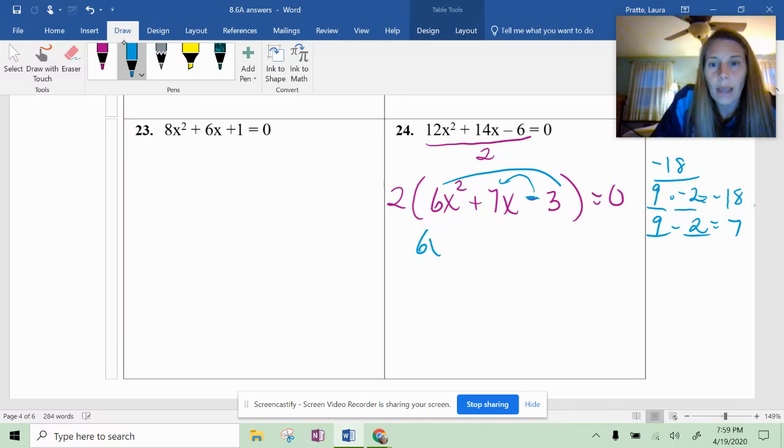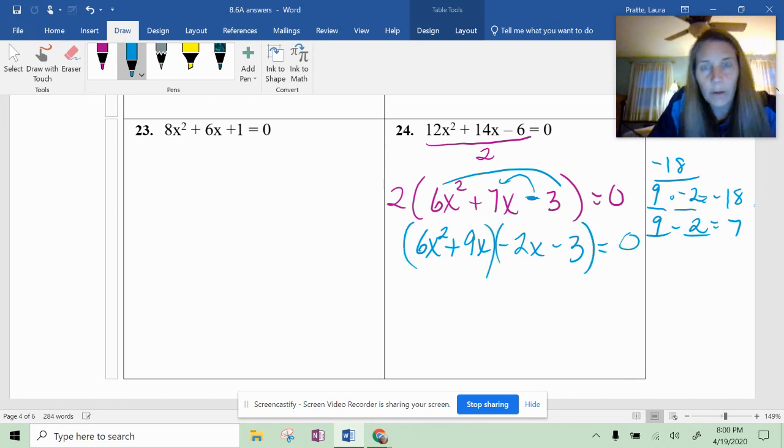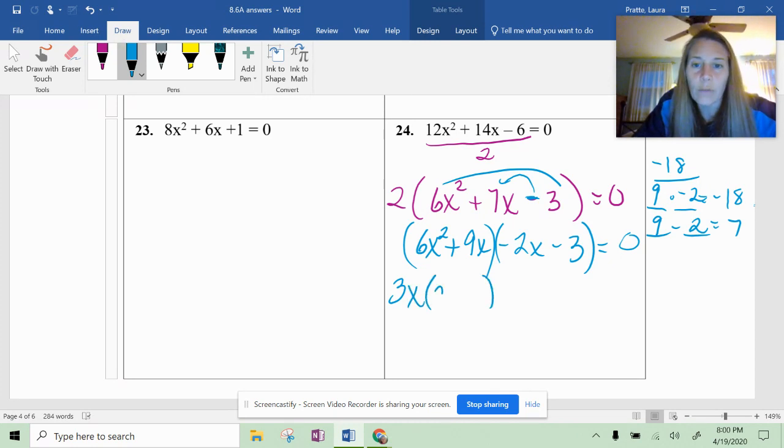So 6x squared plus 9x minus 2x minus 3. And then we're going to do our factoring by grouping. So now 6 and 9 are both divisible by 3, and they both have an x. And then when I divide each of these by 3x, I'm left with 2x plus 3.